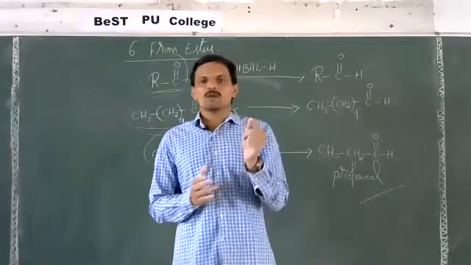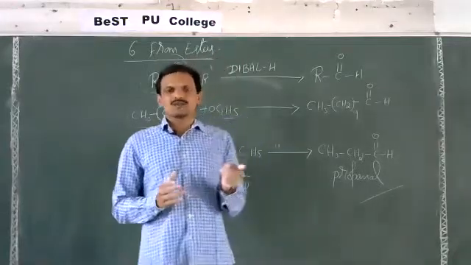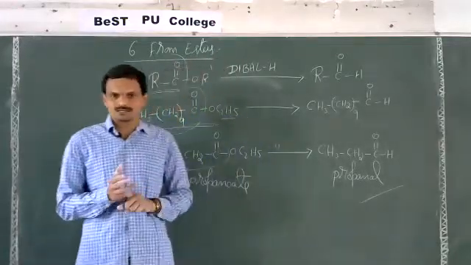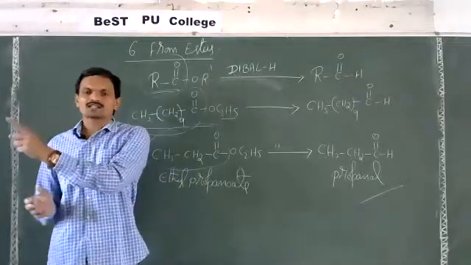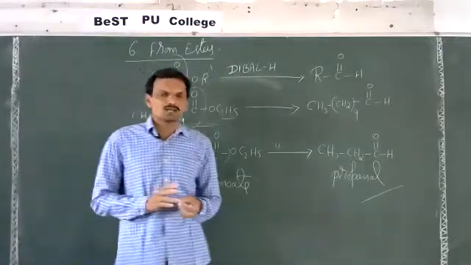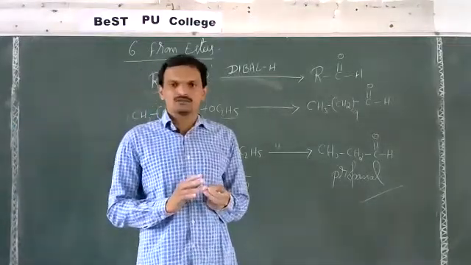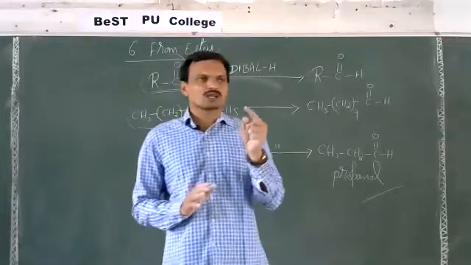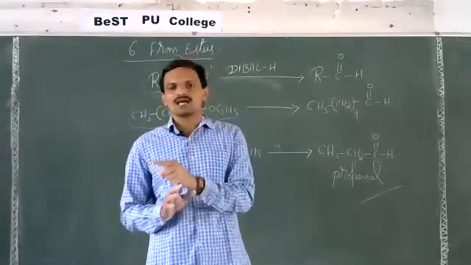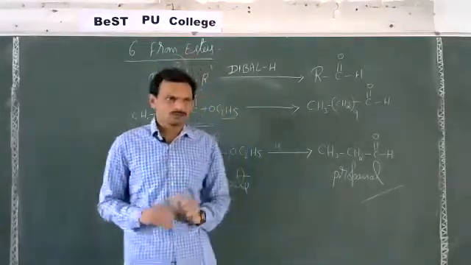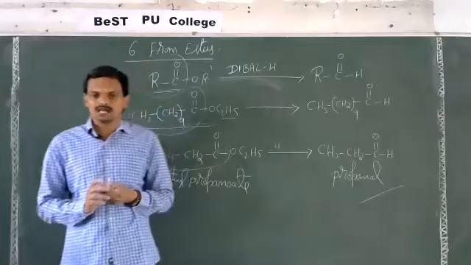Fourth one is from acid chlorides. Reduction of acid chlorides with a Lindlar's catalyst gives the corresponding aldehyde, which is known as Rosenmund reduction. And from that acid chlorides, we can also produce ketones by reacting with the dialkyl cadmium. And fifth one is from nitriles.